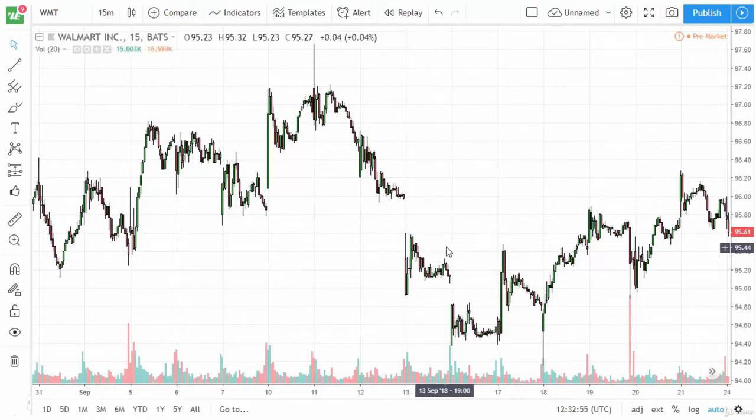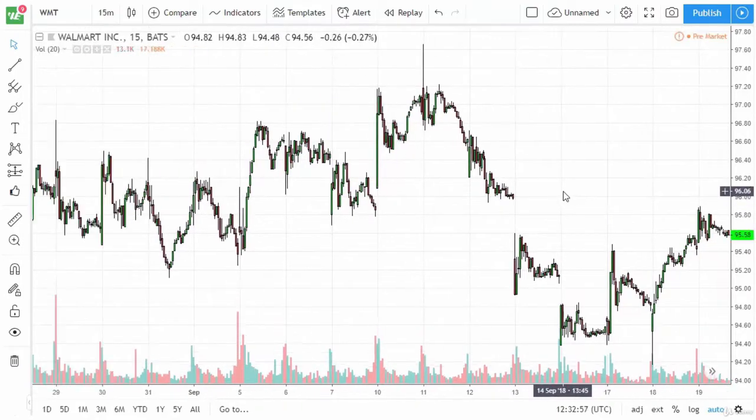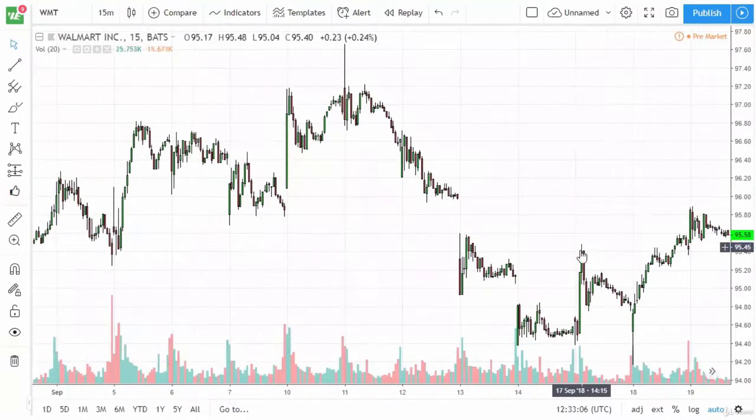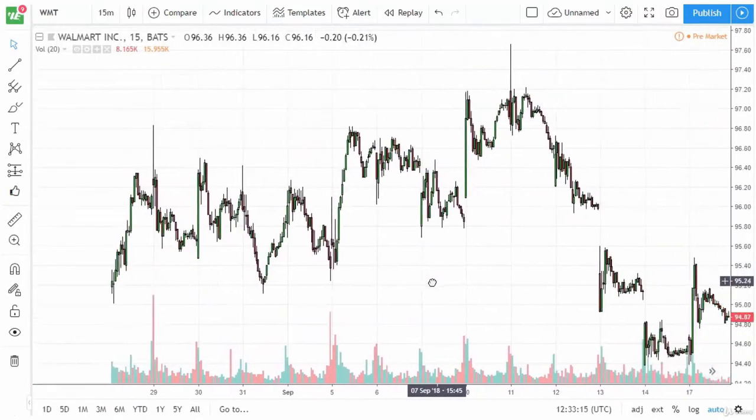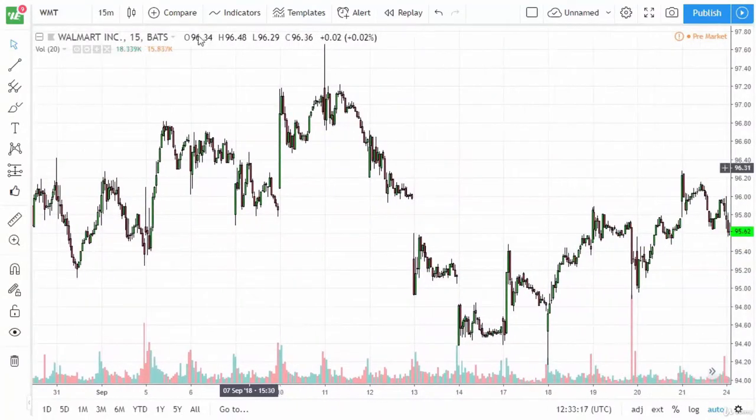There's no statistics behind that, but it just seems as if when gaps fail, they fail spectacularly. So what you want to do when it comes to gap trading is follow all of those rules that I suggested, but you also want to keep in mind that there are larger support and resistance levels at play.